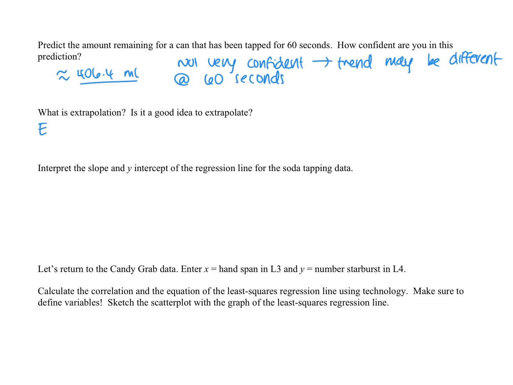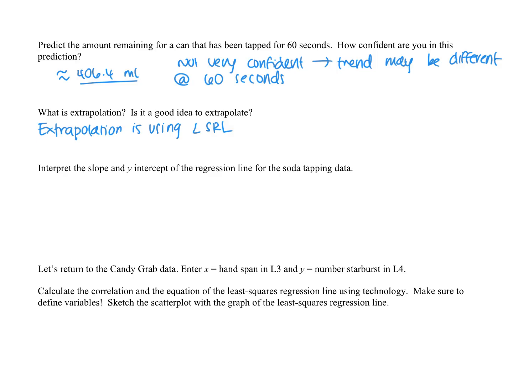So extrapolation is using the least squares regression line. That's what LSRL is, least squares regression line, line of best fit.